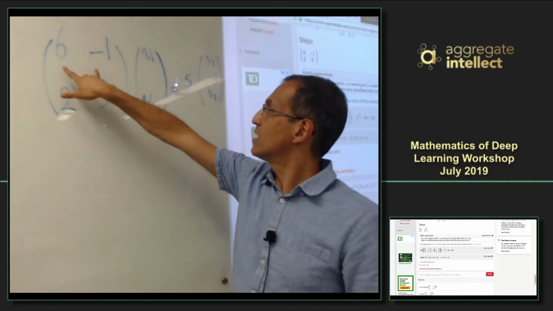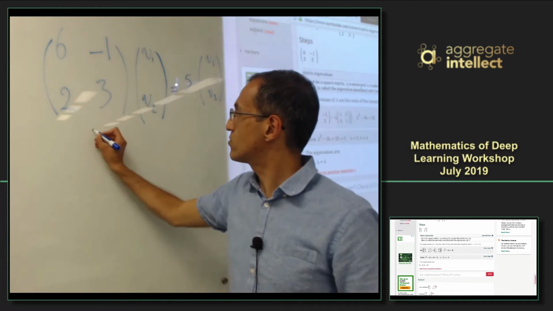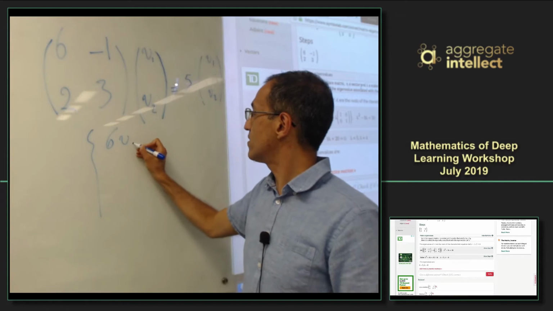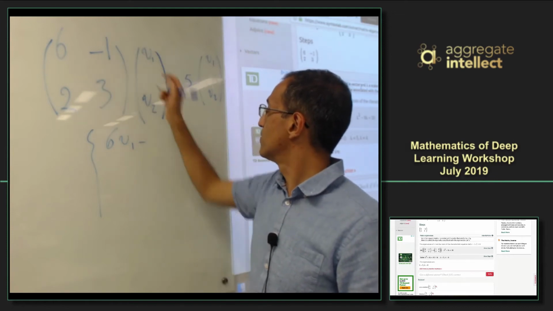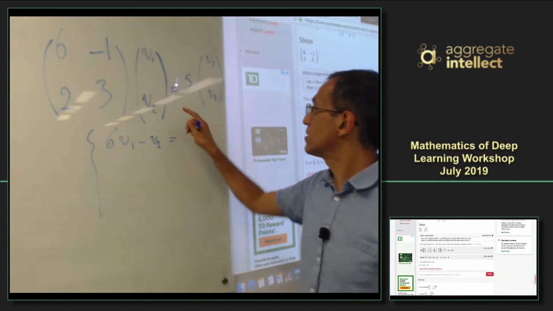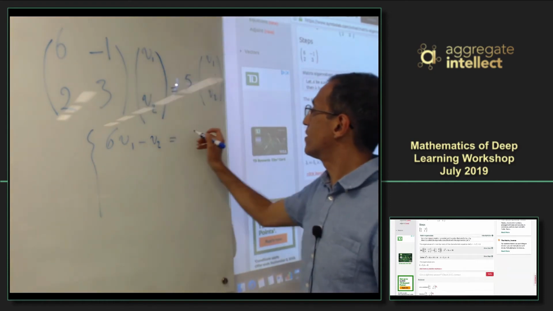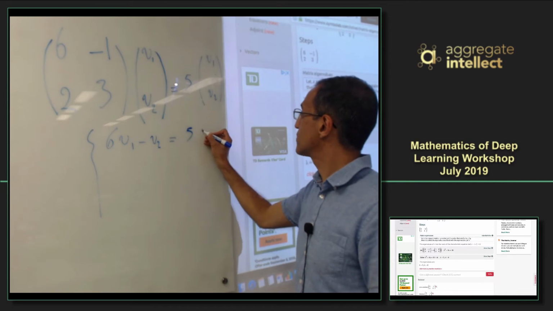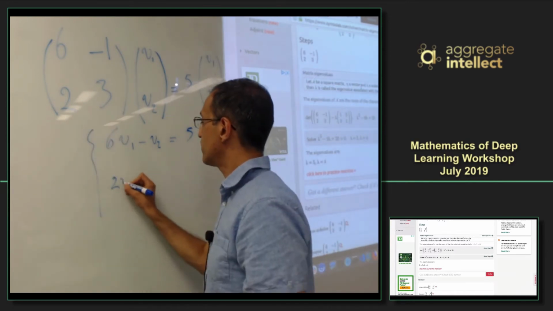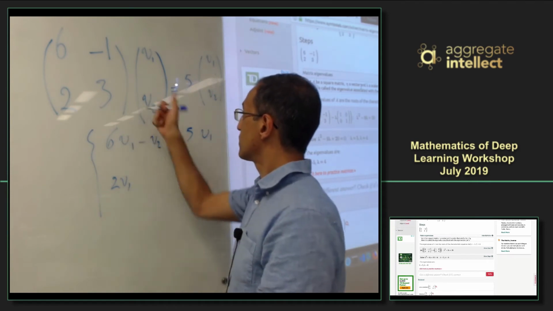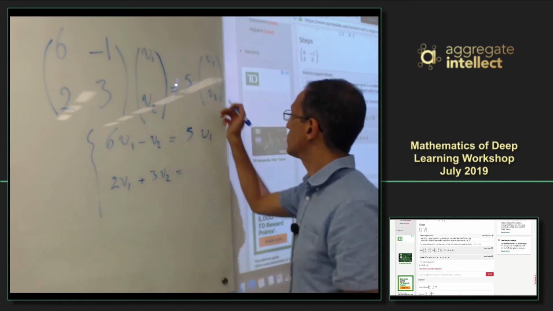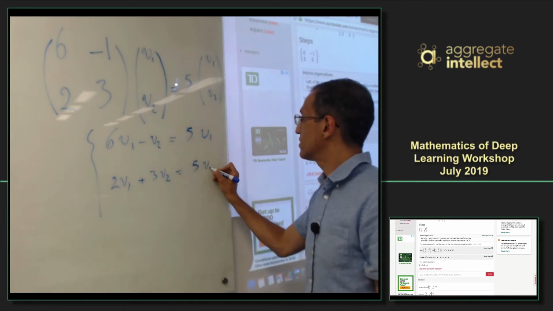To compute it, I multiply these two together, and I get 6 times v1 minus v2 equals 5 times v1, and then 2v1 plus 3v2 equals 5v2.